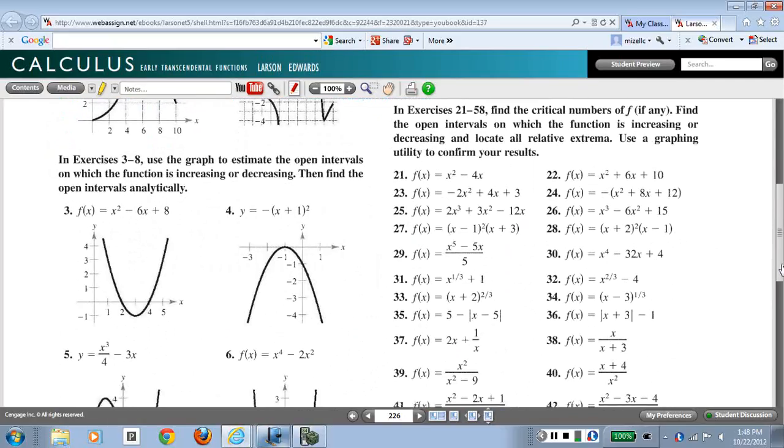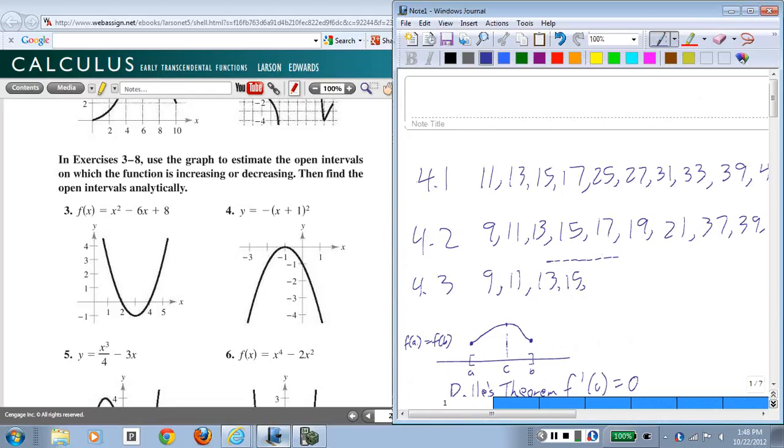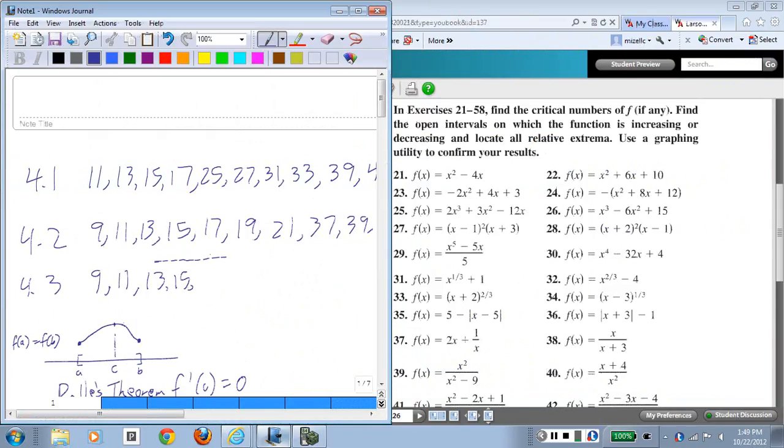Find the critical numbers. Find the open intervals on which the function is increasing or decreasing. Locate all relative extrema. So 25 looks good. 27 for sure. 31 and 35, they're not polynomials, but that's probably a good thing.